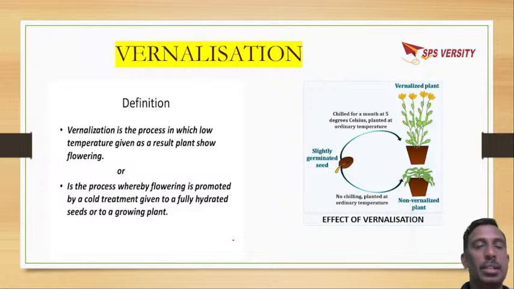Day neutral plants, they are not affected by any other light effect, whether they are exposed to less than 12 hours later. So photoperiodism is the length of exposure of light to plants to initiate flowering. So photoperiodism is related to flowering of the plants.